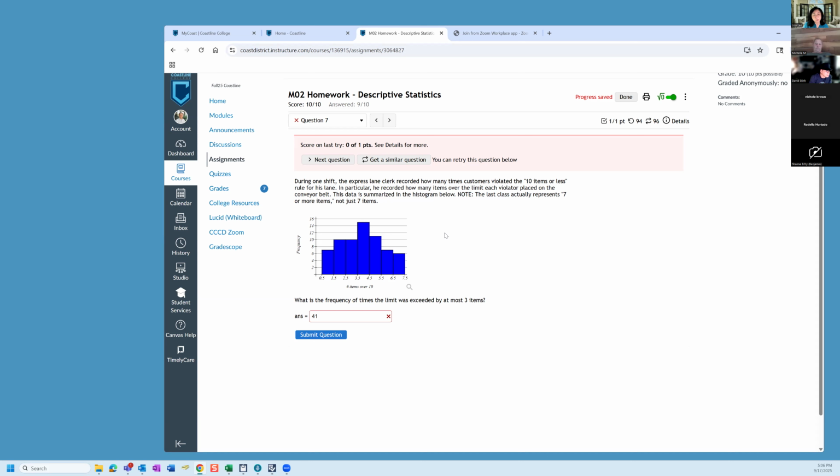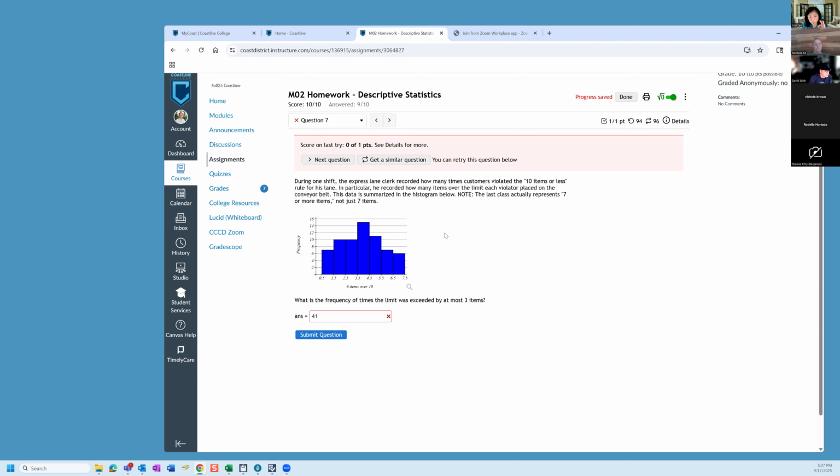That's why we see all the 0.5 subtraction there. It's very confusing, but understand the first bar is for one item, the second bar 2 items, 3 items, 4 items.